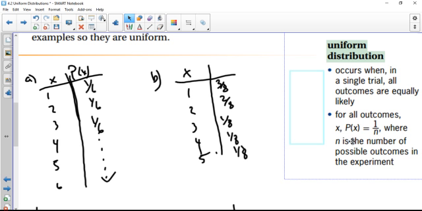If you're looking at drawing hearts out of a deck, right? So there are 13 hearts out of the total. So you're going to have a 1 in 4 chance of grabbing a heart. Again, just if you take it out and put it back in. Just things like that.